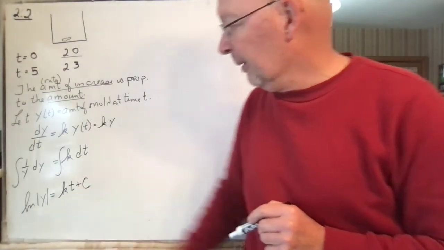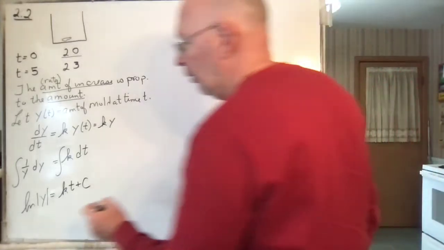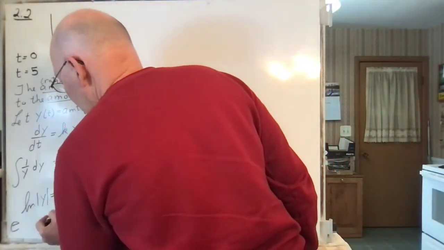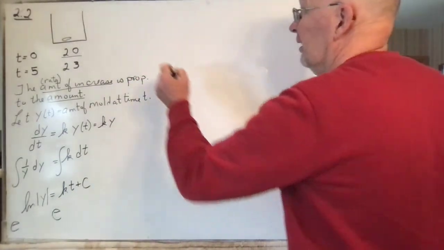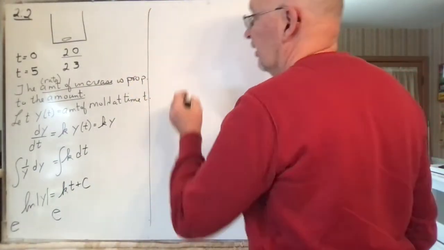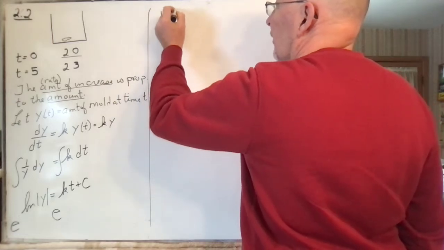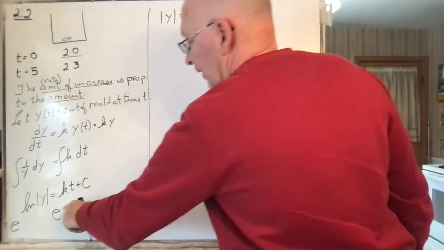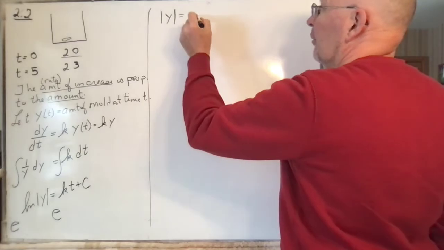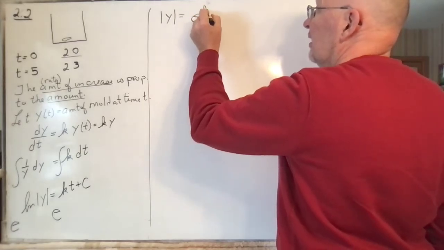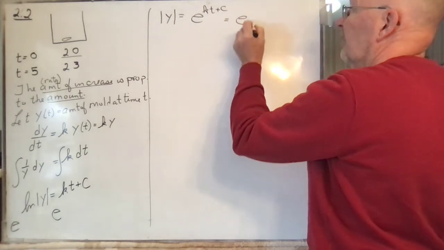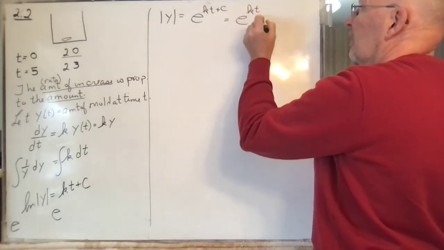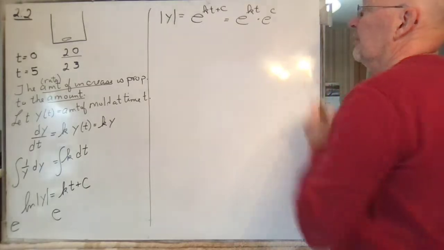So what's the next step? Now we will take e to both sides. And when you take e to the ln of anything, you're just going to get that thing. So it's going to be the absolute value of y. And then I'm going to take e to this side, and I'm going to write it as e to the kt plus c, which I can write as e to the kt times e to the c.